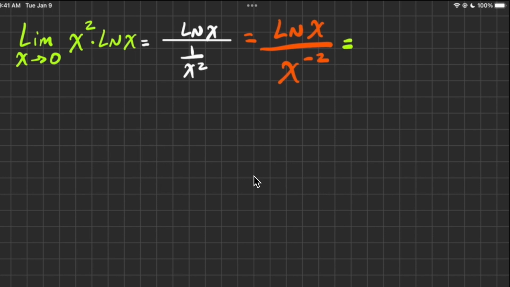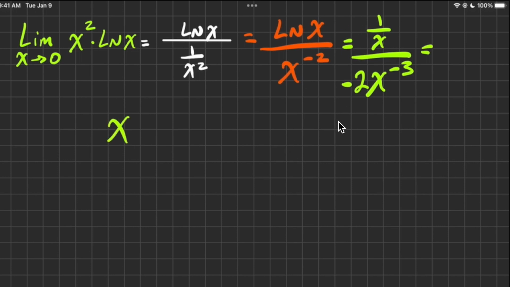The derivative of the numerator is 1 over x. The derivative of the denominator is going to be -2x to the -3. I'm going to change the numerator to x to the -1 and the denominator to -2x to the -3.